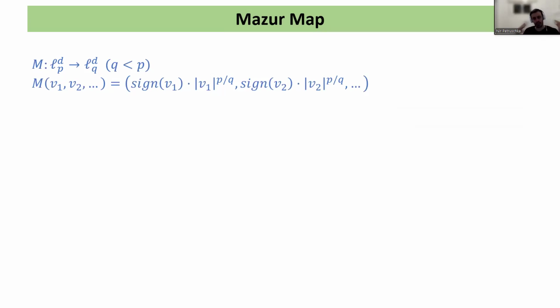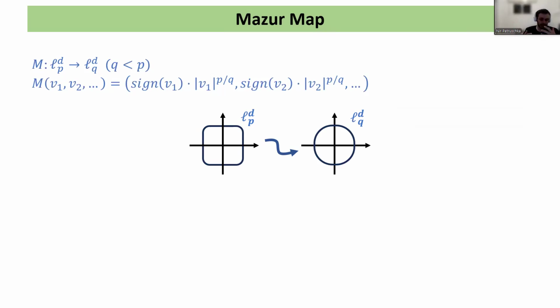It just raises every coordinate to the power of p over q while keeping the original signs. As for intuition, this mapping is very natural. If we think about it a bit, we see that this mapping maps the LP unit ball to the LQ unit ball. And actually, we'll use this property in our solution.